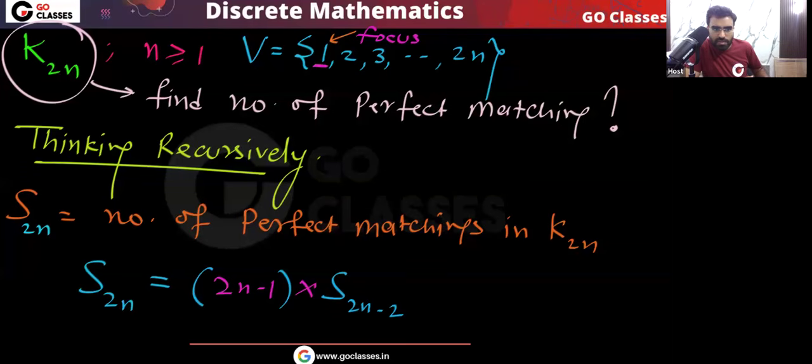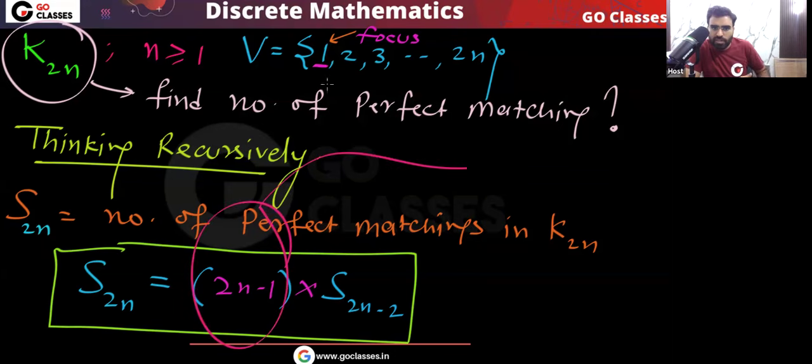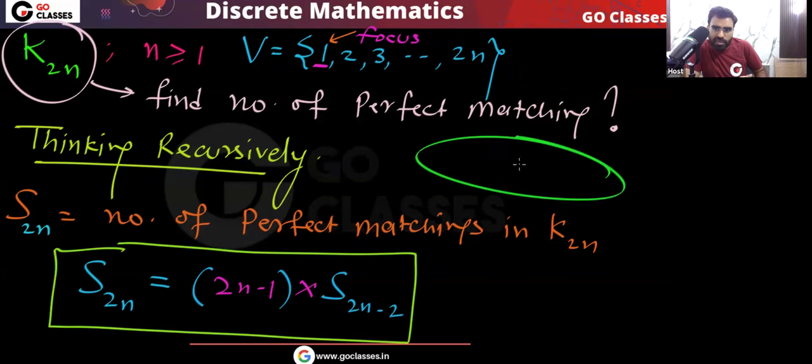That's it. This is how you can think recursively. Did you understand? Just focus on this vertex 1. For this vertex 1, you find a partner. There are 2n minus 1 choices. After that, there are 2n minus 2 vertices remaining, and among those you need to find a perfect matching.